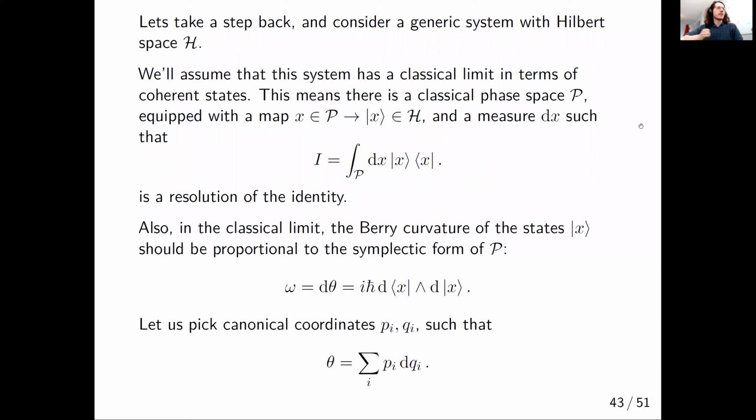And also that in the classical limit, the Berry curvature of these states should be proportional to the symplectic form of the classical phase space. And proportional now because I'm explicitly including the factor of h bar that I left out before. And it'll be useful to just pick some canonical coordinates for the symplectic potential, p_i and q_i.